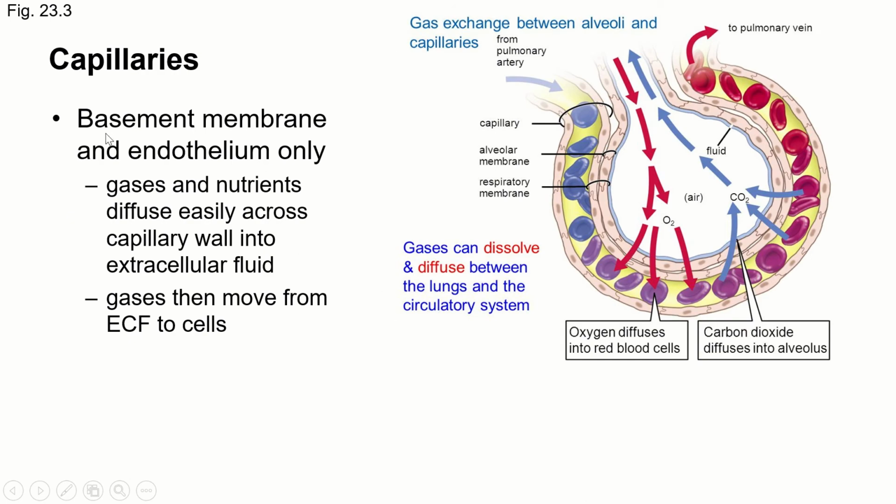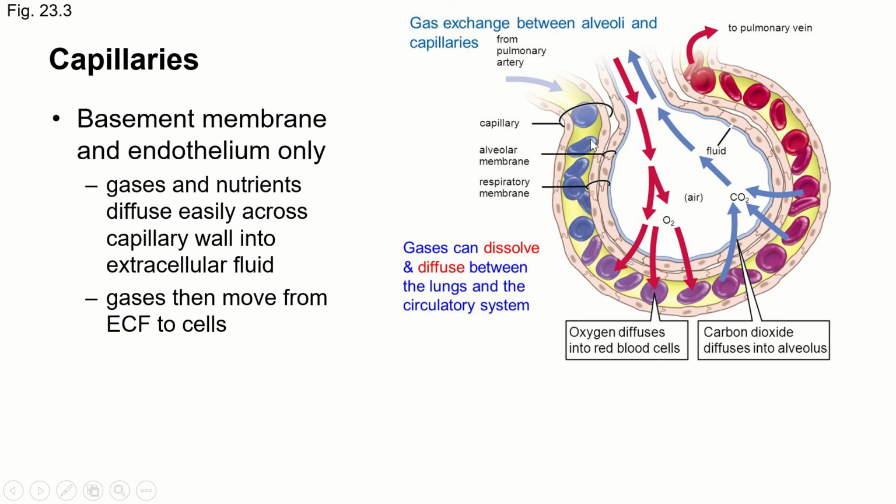So remember, capillaries only have a basement membrane and the endothelium. Okay, they don't have any other tissues or layers or anything. So the gases and nutrients diffuse very easily. So this is gas exchange at an alveolus, which are the air pockets in the lungs. So the air coming in is high in oxygen, and the blood coming in through the capillaries has already been to body tissues.